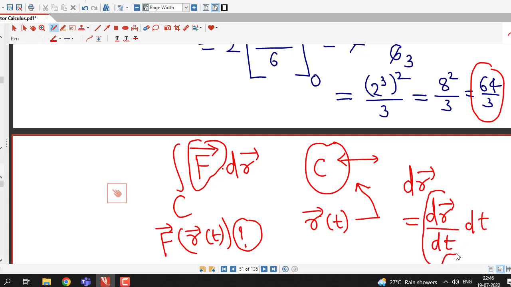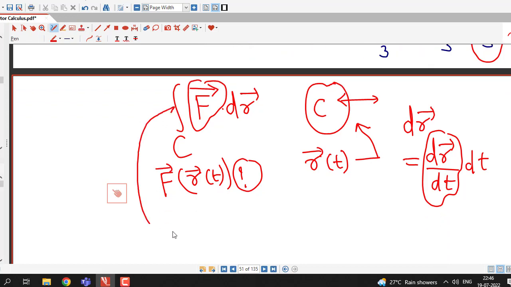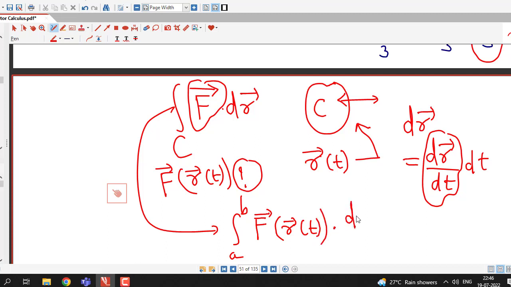So this also we decide using the definition of dr bar by dt, that is dx by dt i plus dy by dt j, and we can convert our line integral into a definite real integral. Here we can write that this is f bar at r bar t dot product with dr bar by dt, integral is with respect to t.